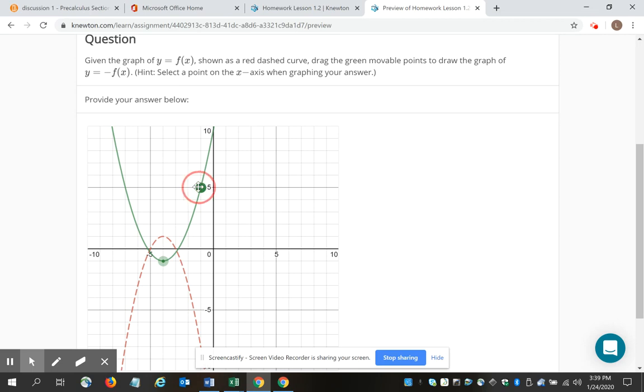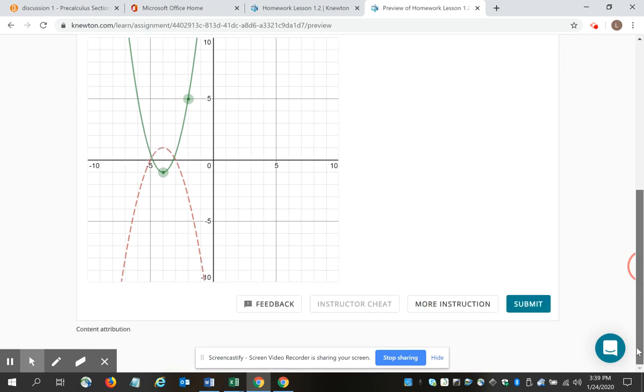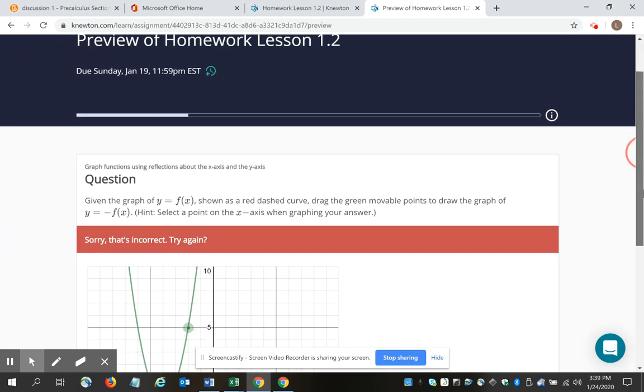It's kind of hard to do with just a hand mouse. Okay, I'm kind of close. It wants to jump on me. Okay, let's see if it'll take it that way. I'm pretty close. I'm a little bit off on one of my points, so it may not take it. Yeah, that's what I thought.